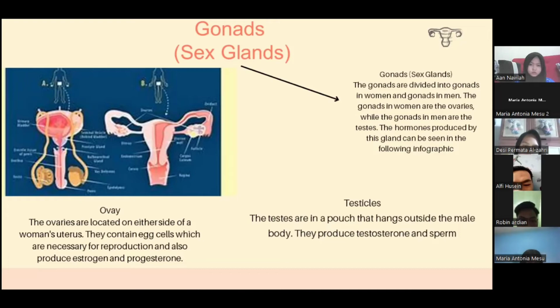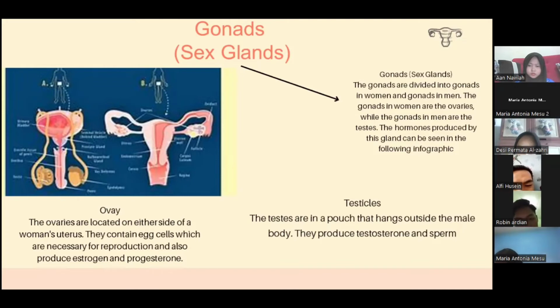The hormones produced by this gland can be seen in the following. The ovaries contain cells which are necessary for reproduction and so produce estrogen and testosterone.